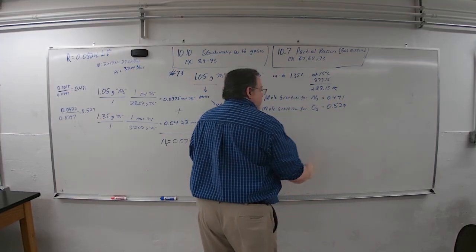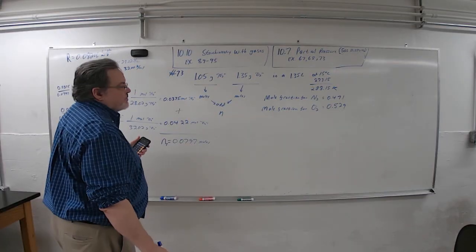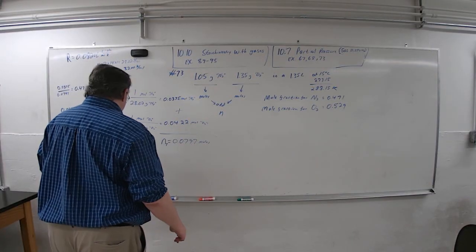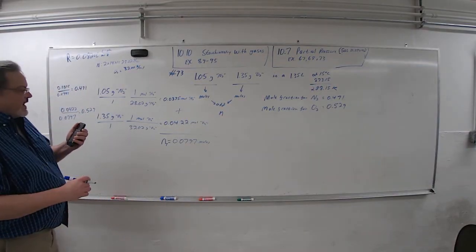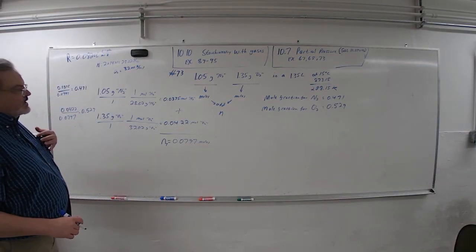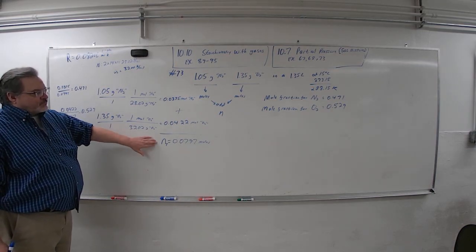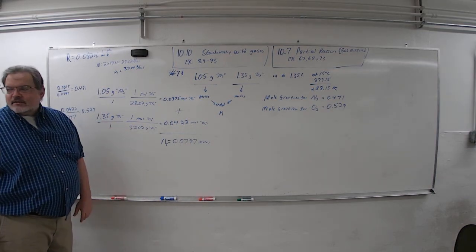And these should add to 1. 0.471 plus 0.529. Yep. So those add up to 1. So there's the mole fractions. Now it wants the partial pressures. First we have to find the overall pressure, and then we can multiply it by the fraction.